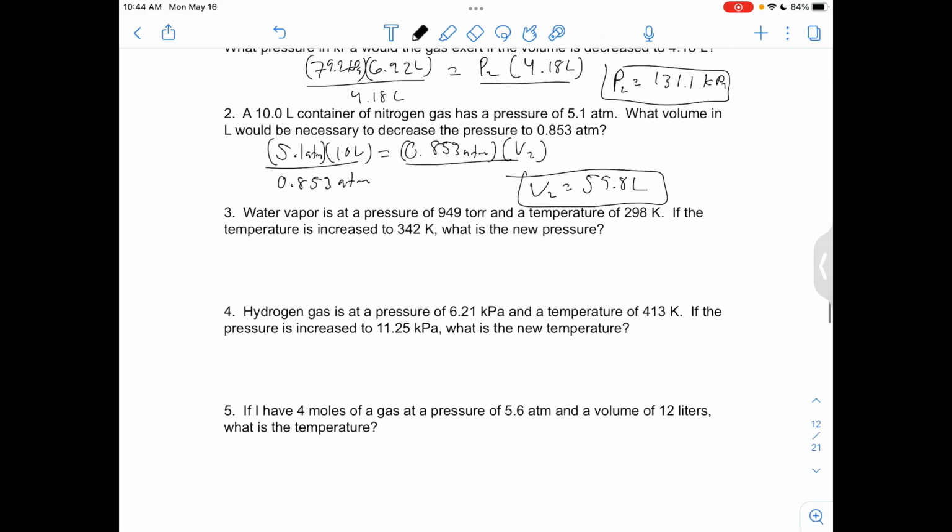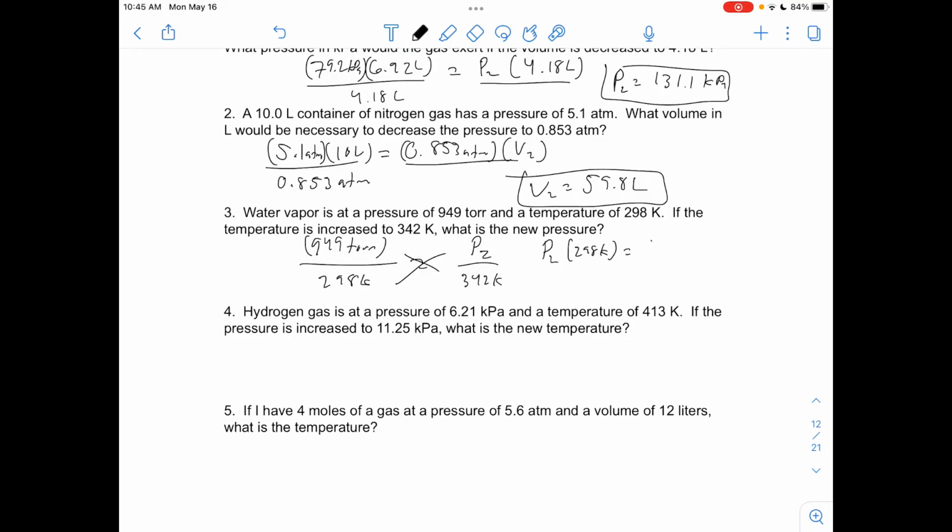Okay. Next one, water vapor, we have 949 torr. Temperature this time, 298 Kelvin. And we're looking for the new pressure. Since it's a fraction, we're going to cross multiply.